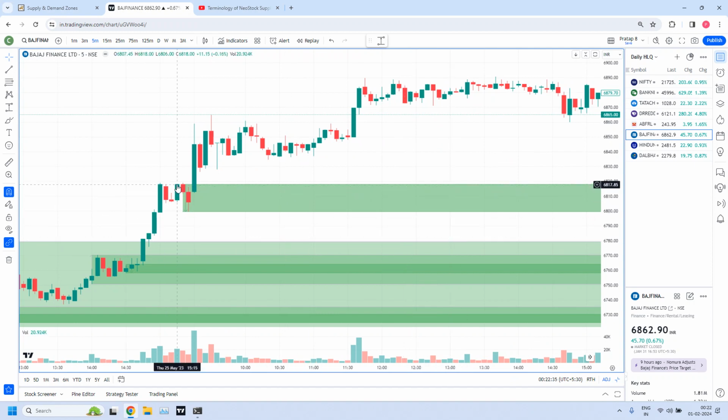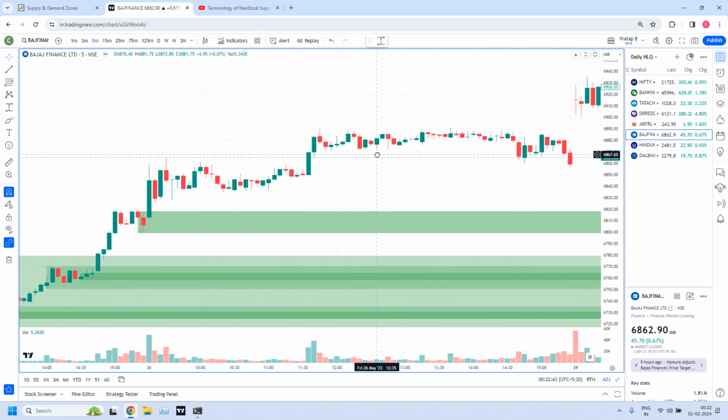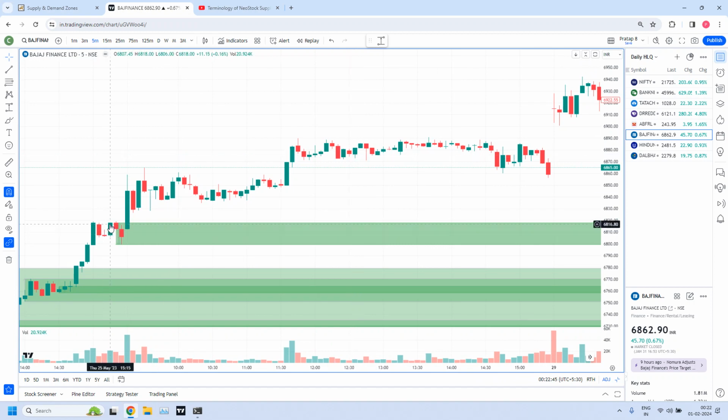So we have a leg-in candle rally, 2 base candles and a rally candle. Or if you consider them not as medium or small size candles, you will have a rally, 1, 2, 3, 4, 5 base candles. Even that way the zone remains the same, no changes.